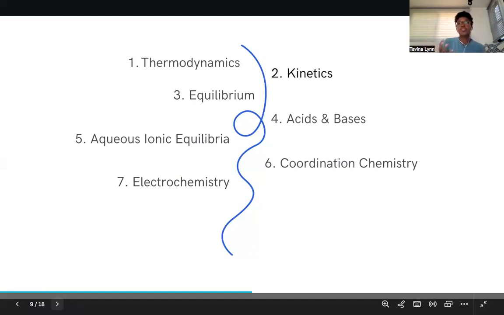But electrochemistry is basically how we can take these spontaneous processes and harness the energy of those processes for something that's useful, like batteries, fuel cells, electricity. So we have reactions that happen spontaneously, and we can use that spontaneity to harness the energy for something that is useful.